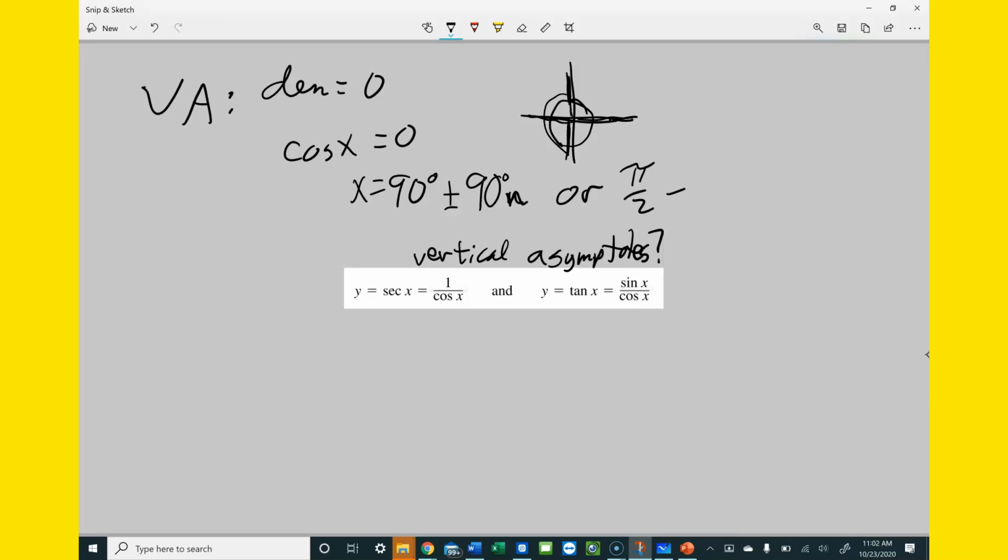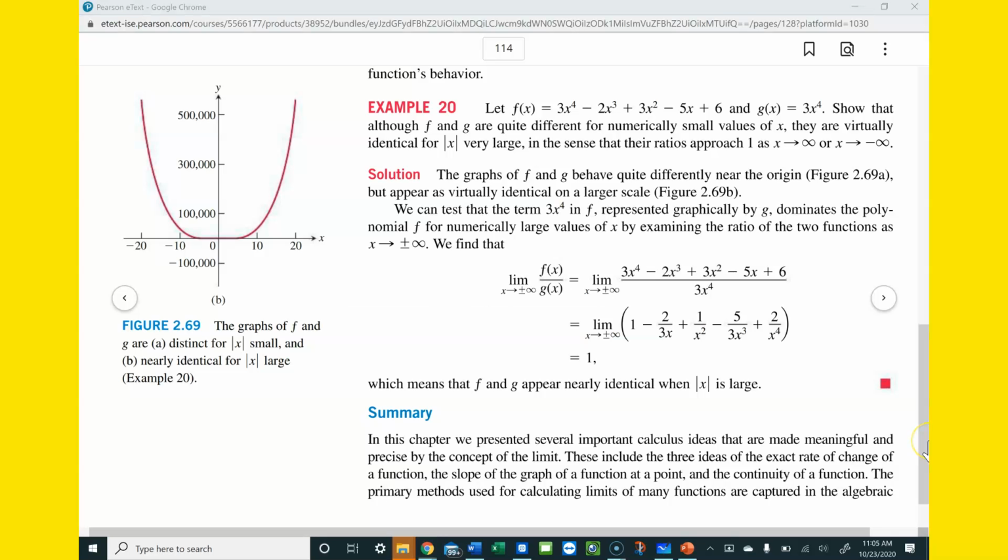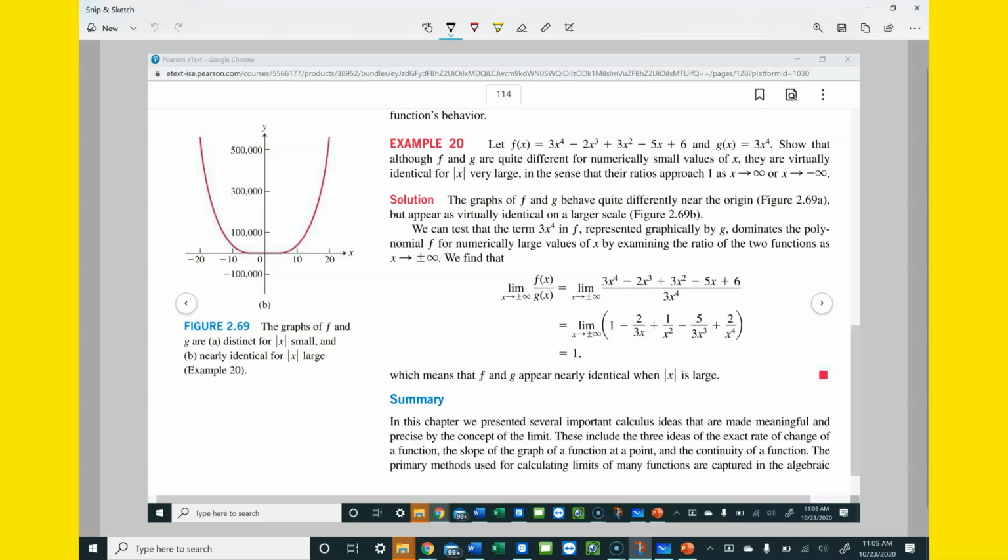What about the next one, tangent? Well, it's going to be exactly the same thing here because it's got the same denominator. So it would also have the same vertical asymptotes as that one. So same answer.